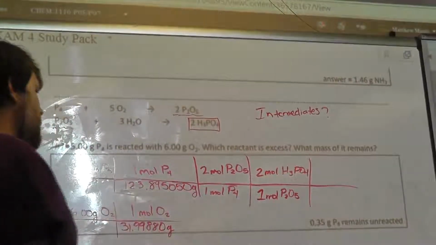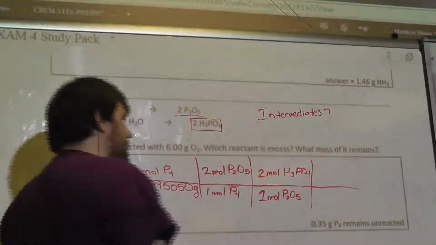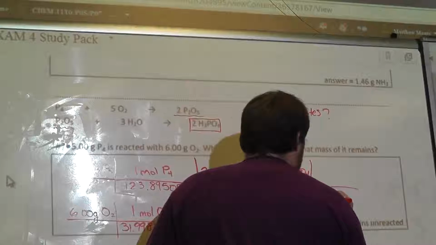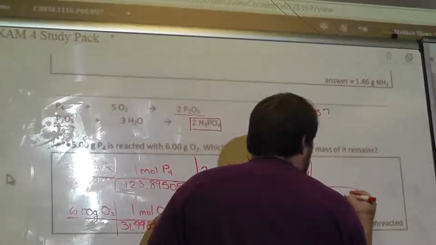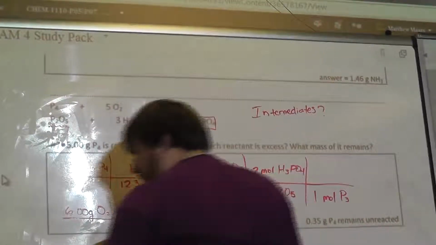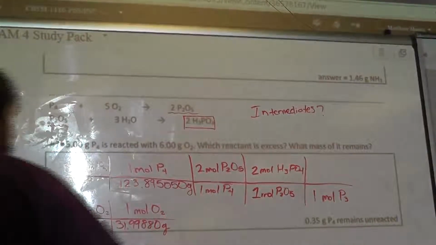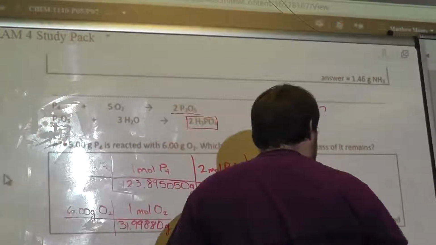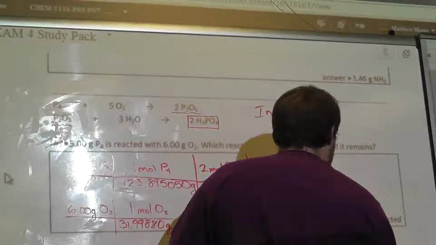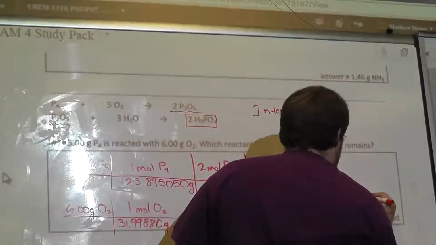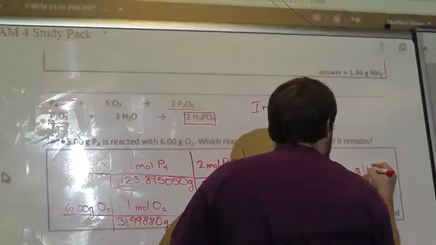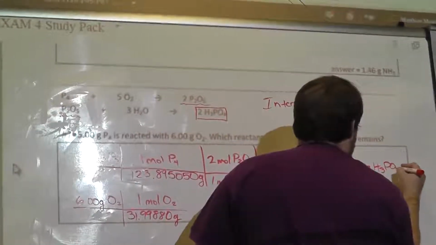Now you have one more step because we want to get back to grams. So for every 1 mole of H3PO4, what is the molar mass of the H3PO4?